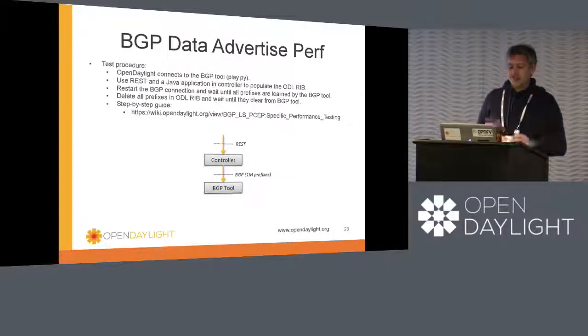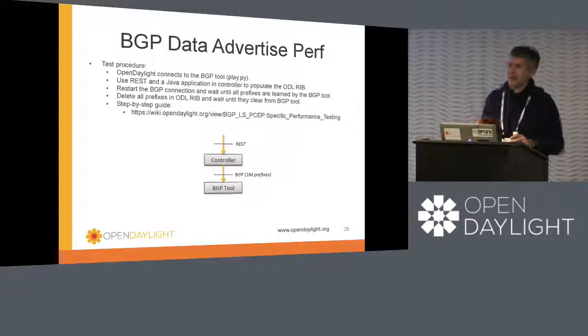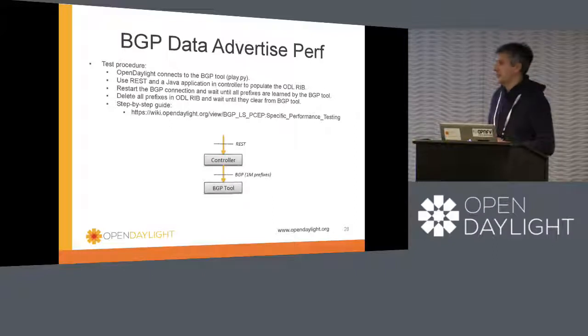When we have populated everything, we restart the BGP connection and wait until all prefixes are learned by the BGP tool. Then we delete all the prefixes and make sure they are all cleared. So this is a multi-step test to show how fast we advertise prefixes to an external BGP peer.